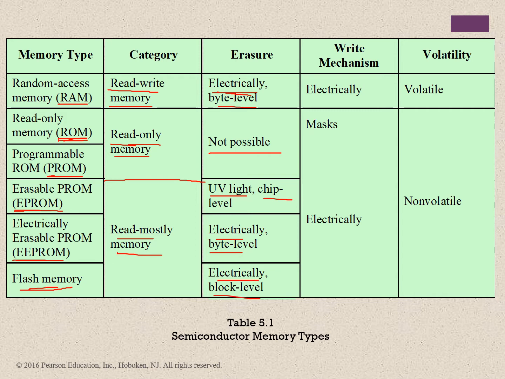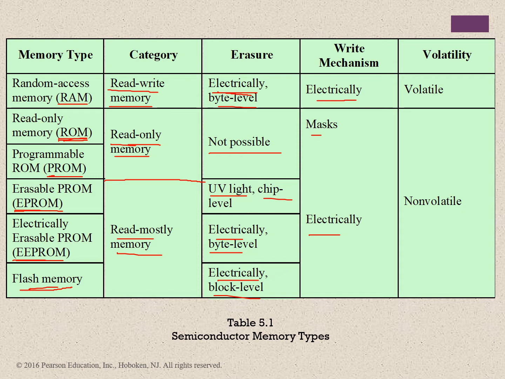So the write mechanism is electrically writing the data onto the memory. And for the read-only memory, the write mechanism is mask, and for the electrically erasable programmable read-only memory and for the flash memory, it's electrically.